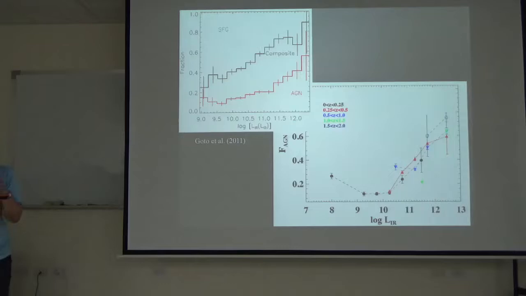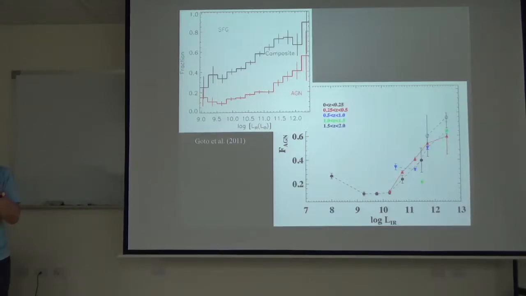Then dust will be heated by those emissions, and it goes to higher luminosity, and then in the later stage of the merger, AGN start to dominate.